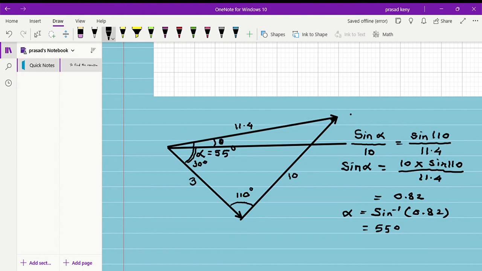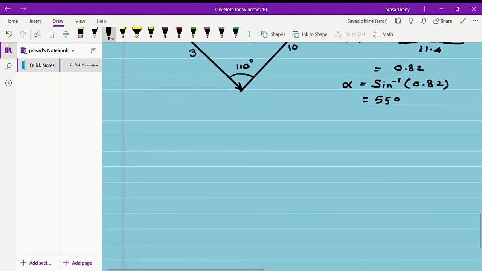Now full angle alpha is 55. Out of that, this much part is 30. So theta will be 55 minus 30. Theta is equal to 55 minus 30, which is 25 degrees.